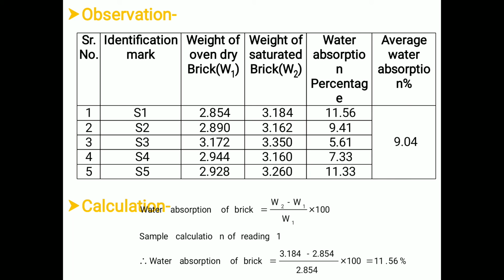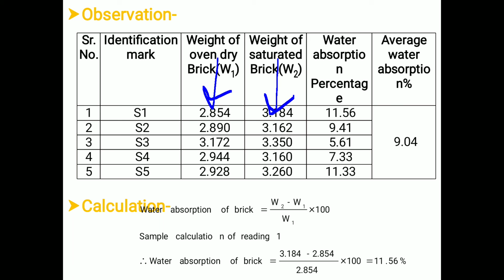Now we have considered 5 bricks. For each and every brick, the oven dry weight is given in this column. After placing it in water, it's obvious that it will absorb moisture, so its weight will go on increasing. Therefore W2 will always be greater than W1.